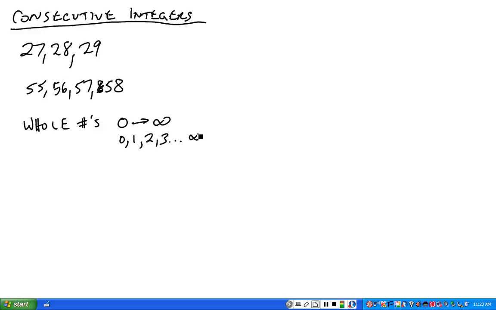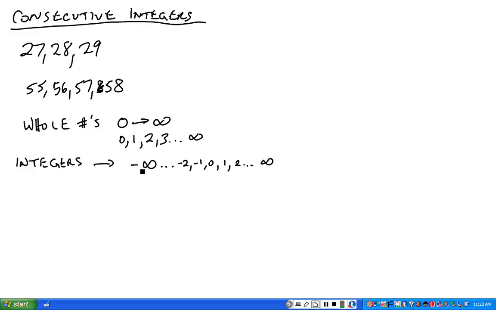So that's why we incorporate integers, because integers allow us to go from negative infinity to positive infinity.